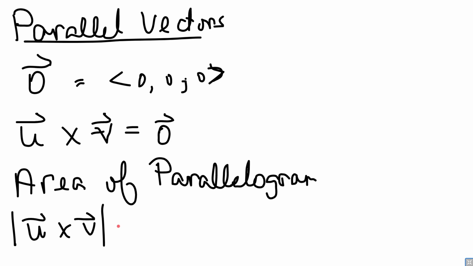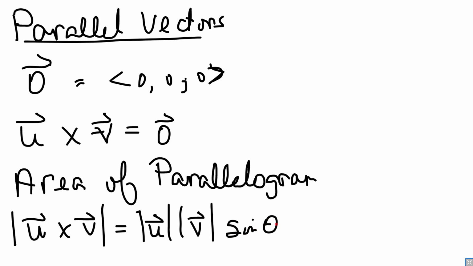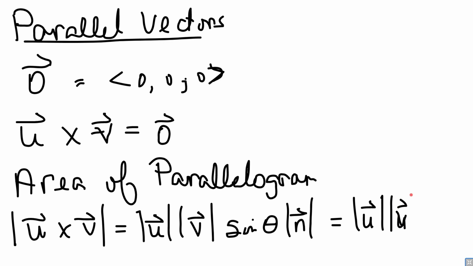It can be broken down a little bit into other forms: you can take the magnitude of vector u times the magnitude of vector v times the sine of theta times the magnitude of the unit vector, or you can look at it as the magnitude of vector u times the magnitude of vector v times the sine of theta.